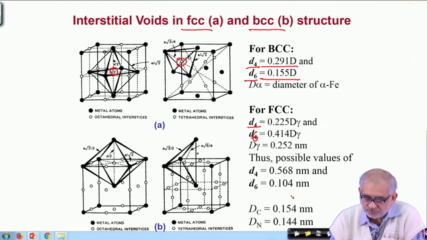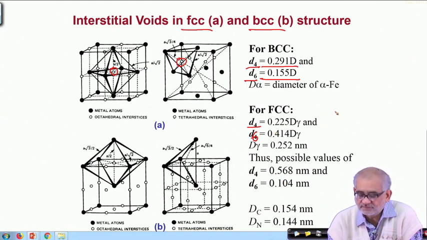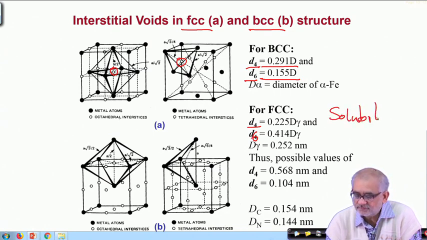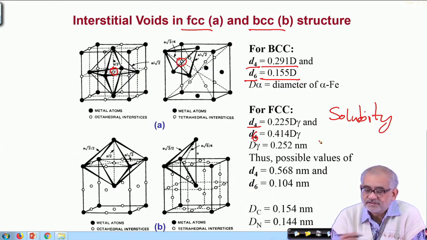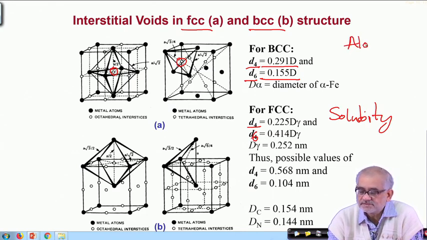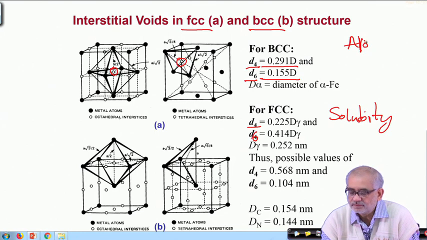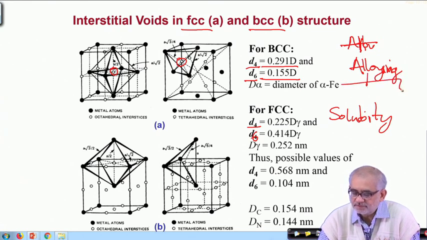This is important for us to know because the relative sizes of these interstitial voids essentially determine the solubility of such interstitial atoms. When I was referring to alloying elements, I should have mentioned that principally they will be of two types.